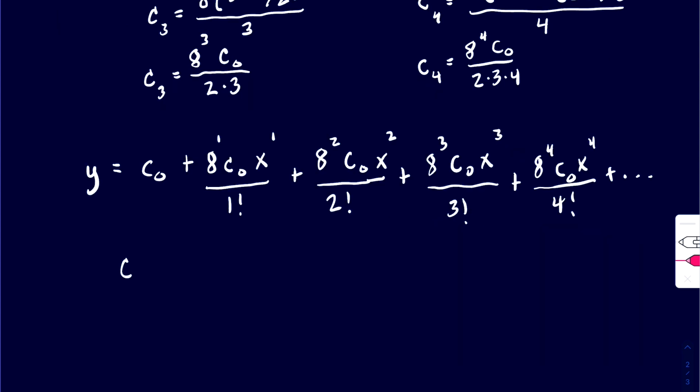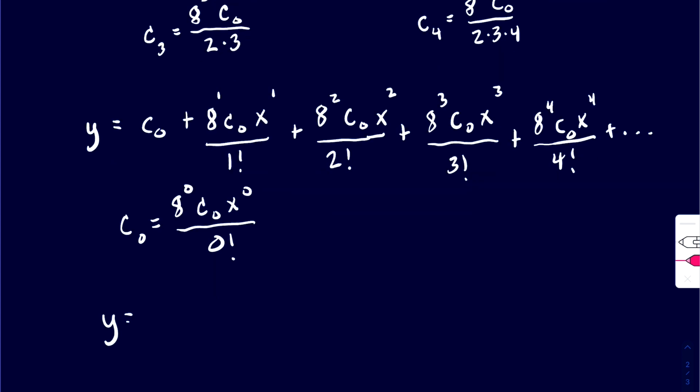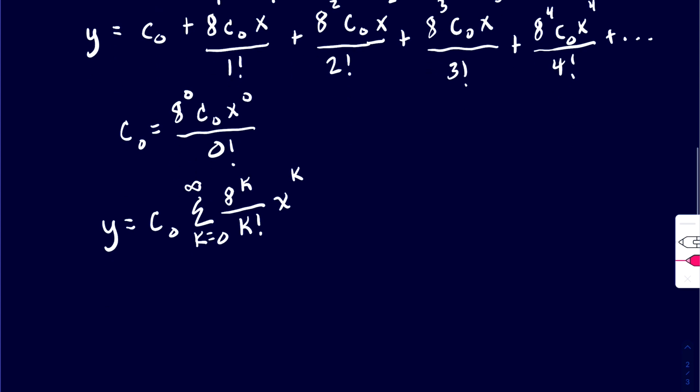Now let's look at c0. Couldn't we write c0 as 8 to the 0 times c0 times x to the 0 over 0 factorial? So we'll have y equals c0 times the summation as k goes from 0 to infinity of 8 to the k over k factorial times x to the k. Now, let's take a look at that power, right?